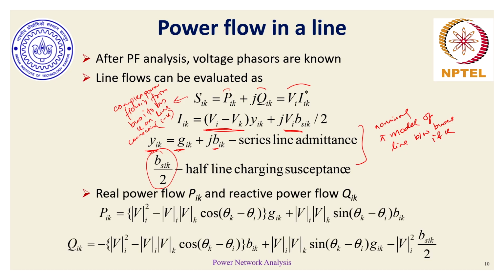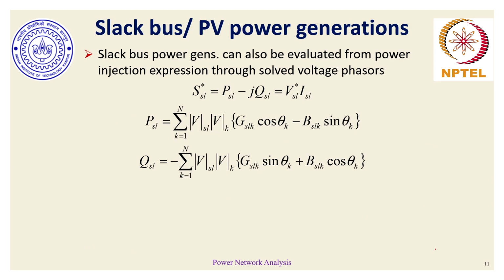This expression can be again expanded in terms of actual voltage magnitudes and phase angles, which are known from the corresponding power flow solution. So, please verify the correctness of these equations.